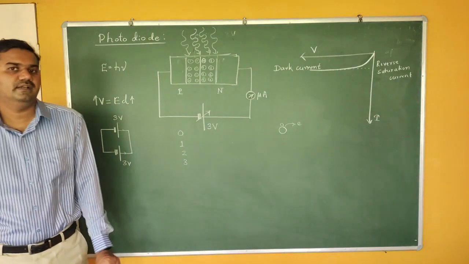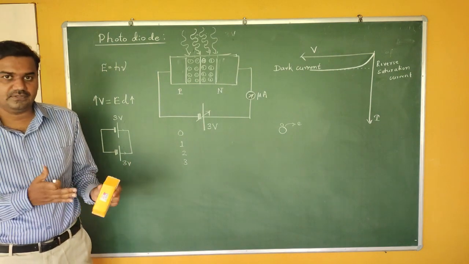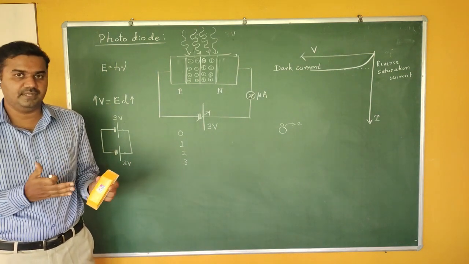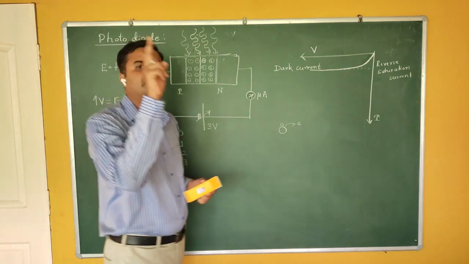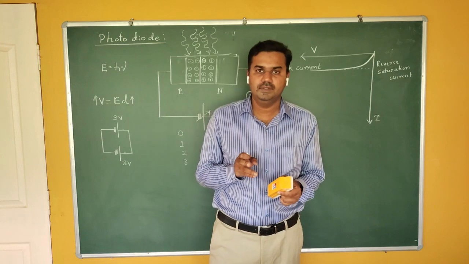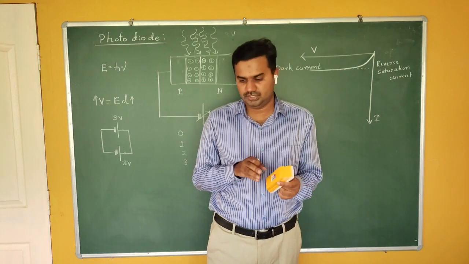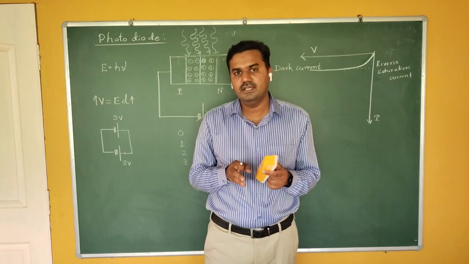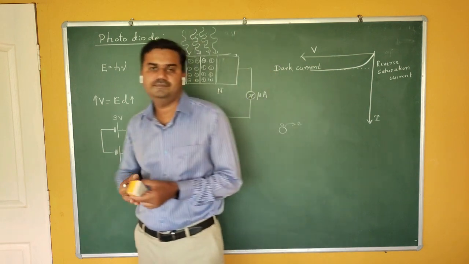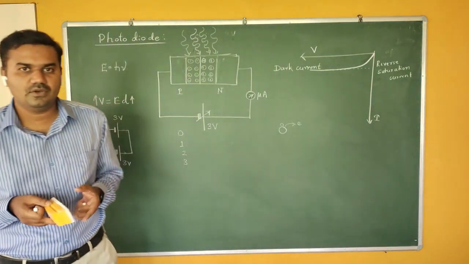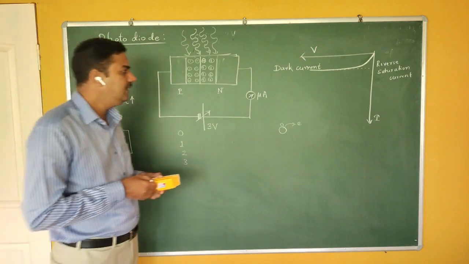A hole is created in the place of the electron. In that particular place of a covalent bond, a hole is created. So when an incident photon falls on the p-n junction diode, it creates a pair of an electron and a hole. So electrons and holes are created in pairs.